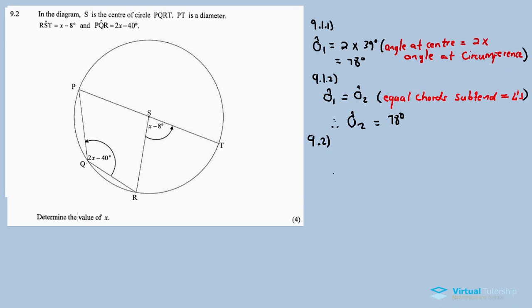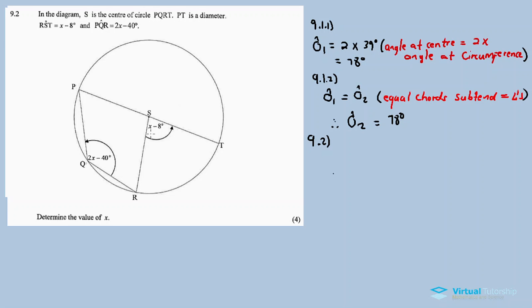So in order to calculate x, I need to set up an equation that will help me calculate x. But now there's an x in this angle, and another x in that angle, right? So I need to build some form of relationship, or link these angles.